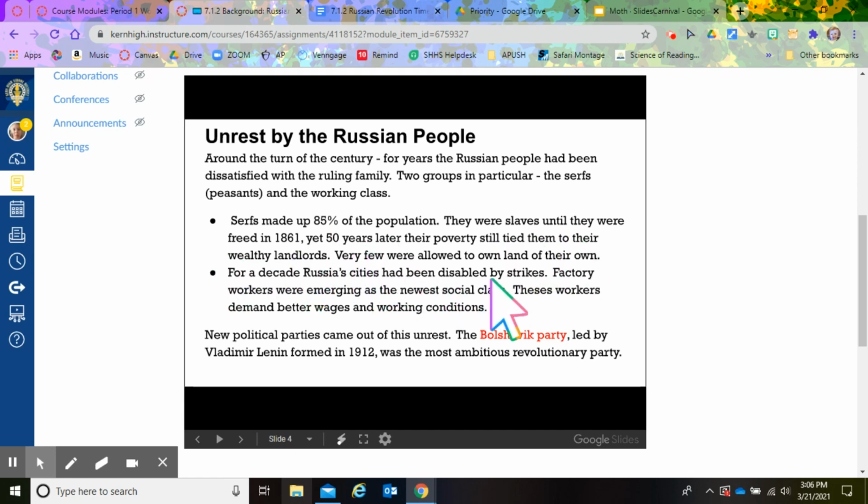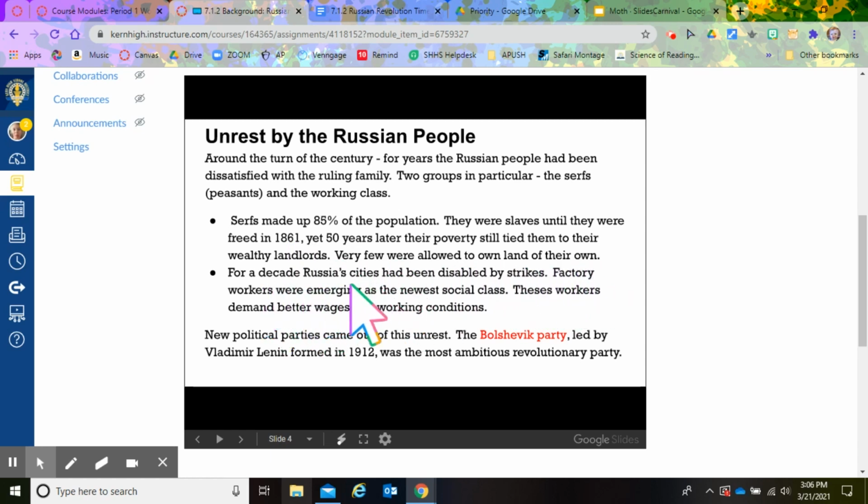Yet 50 years later, their property still tied them to their wealthy landowners. This is very similar to what is going to be going on in the United States with slaves and sharecropping. So there's a connection there, and almost the same exact time, except the United States was in 1865. So very few were allowed to own land of their own.